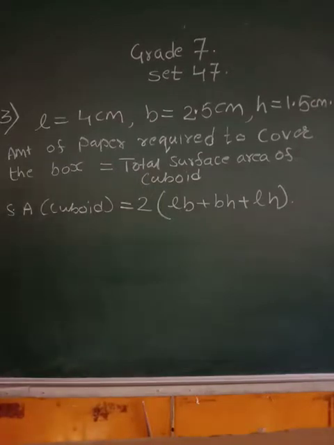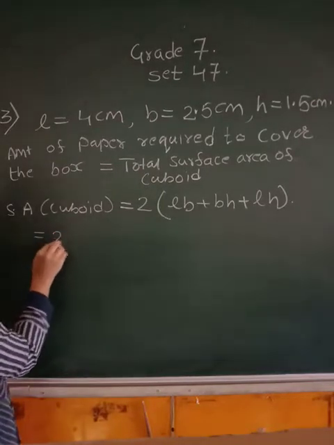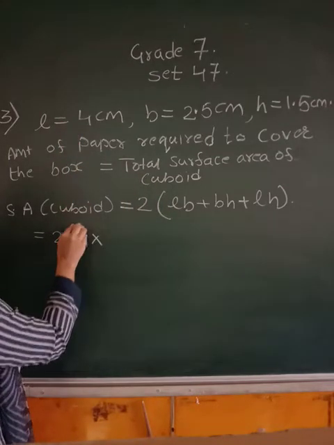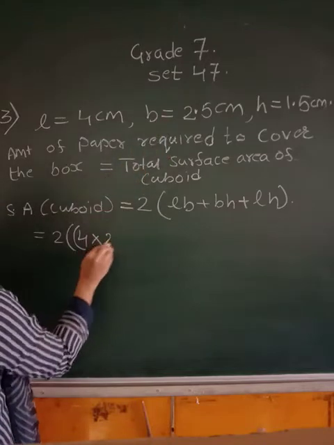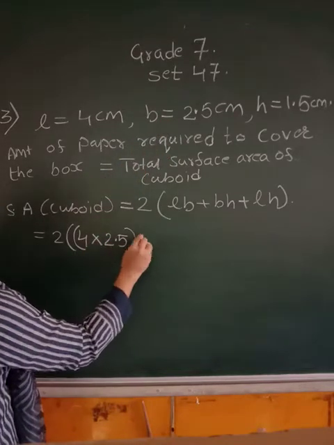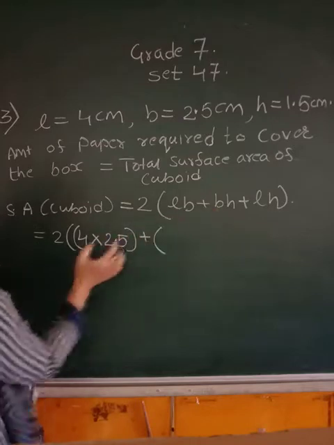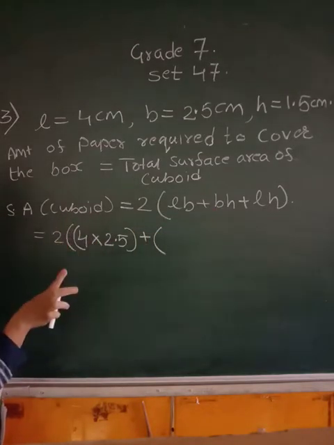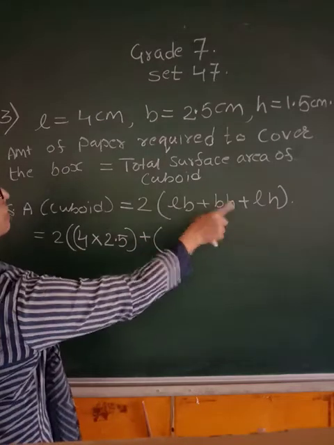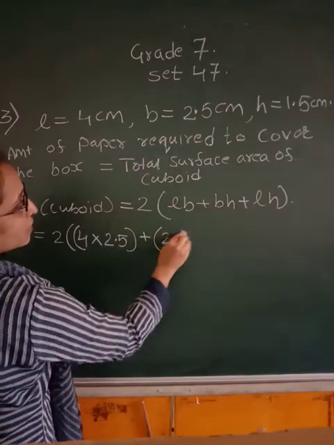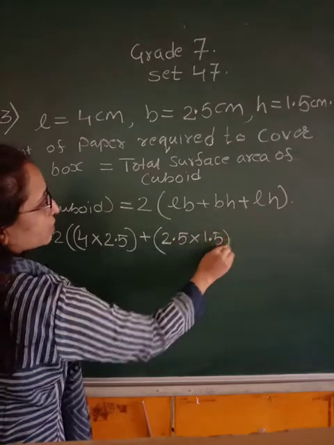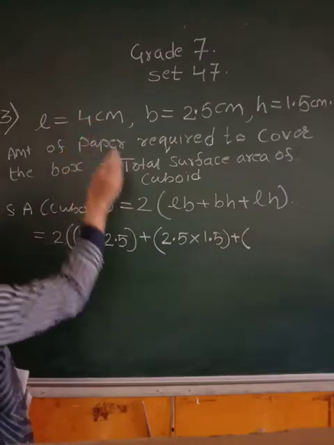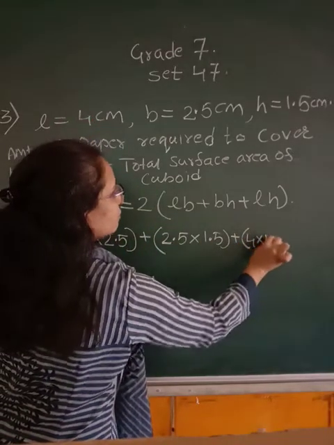So let's find out. This will be equal to twice, and we just have to substitute. How much is length given? 4. 4 into, how much is breadth? Breadth is 2.5. Then plus, first you sort out this, then you multiply with this 2 after adding everything in the bracket. Please follow the rules. Breadth into height: 2.5 into 1.5, plus length into height: 4 into 1.5.